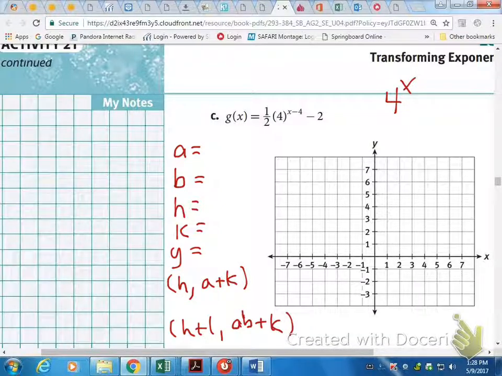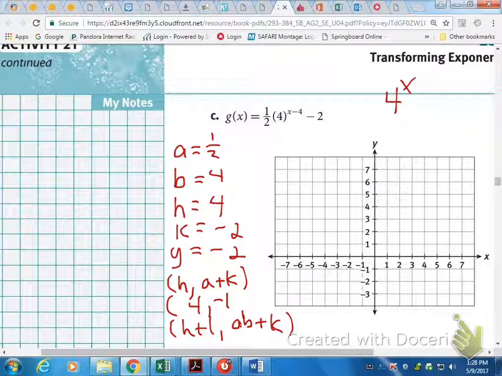I do not want you graphing this new information until after you have graphed your parent. So graph your parent first after you get all this information. Now I want you to find those reference points. So your h is 4, and then you add your a of a half to your k of a negative 2. That's going to give you a negative 1/2.